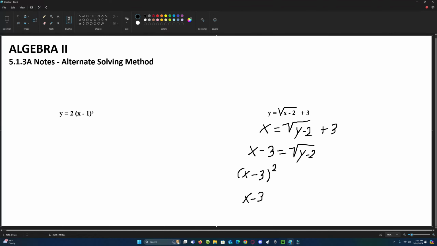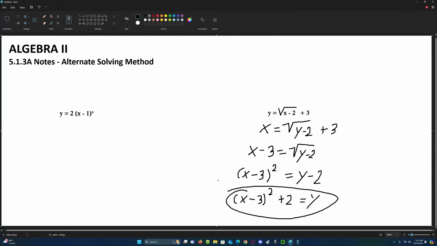So that would be in parentheses squared. And so this would be equals y minus 2. And so then we have the 2, so this would just be x minus 3 in parentheses squared plus 2 equals y.